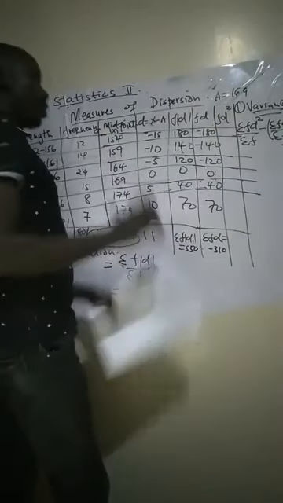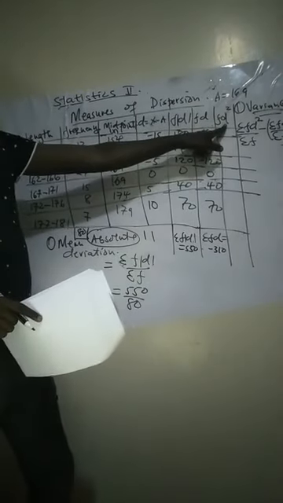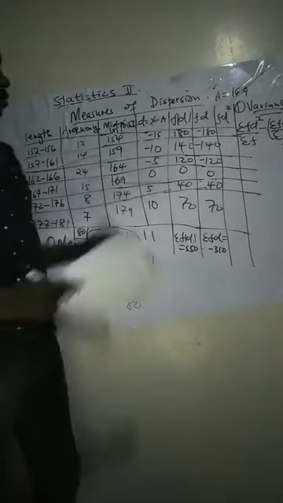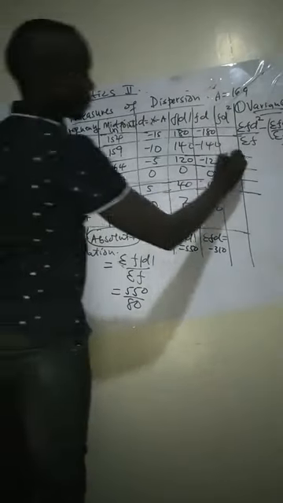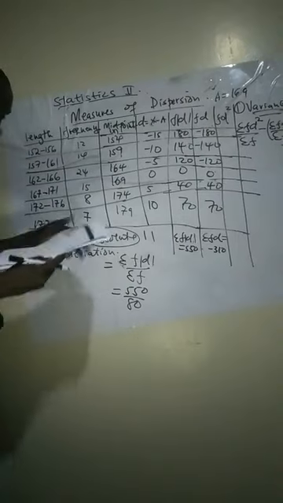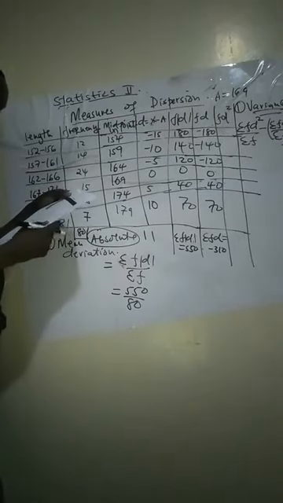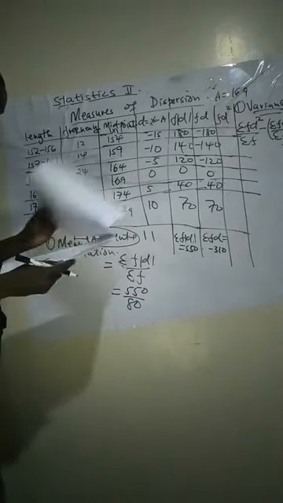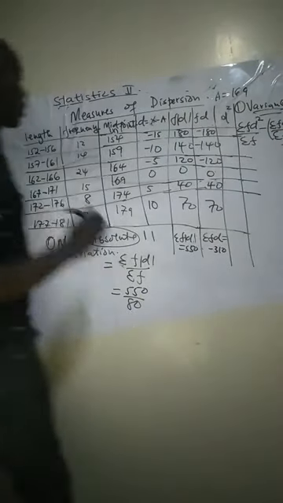This means that you start by getting the square of D, then multiply by F. D squared times F. So let me start by getting D squared.